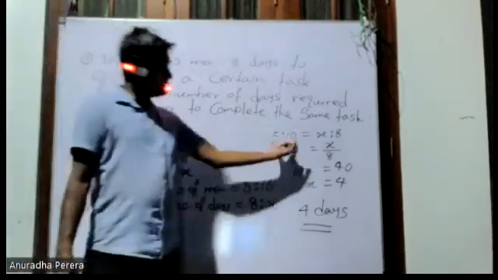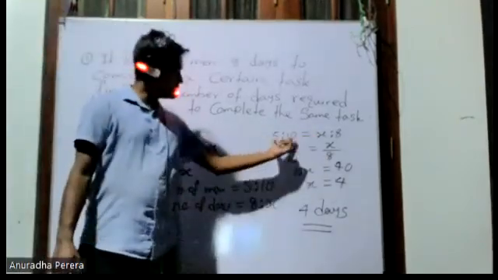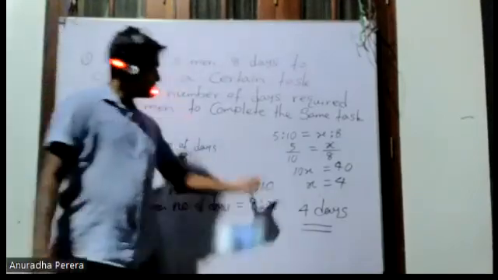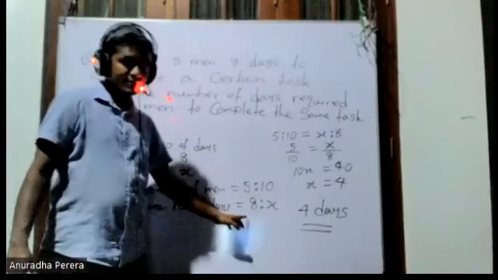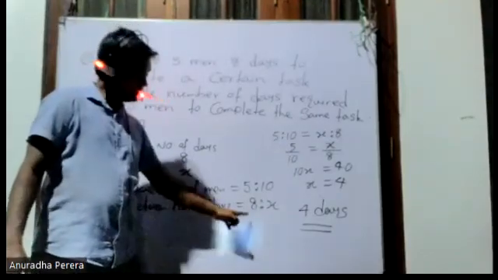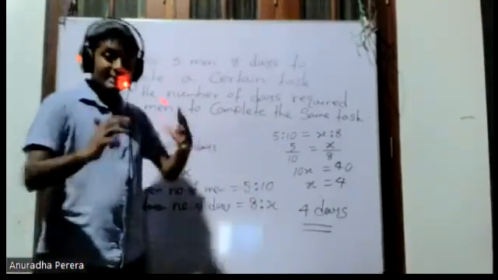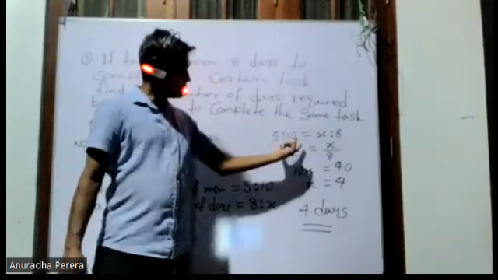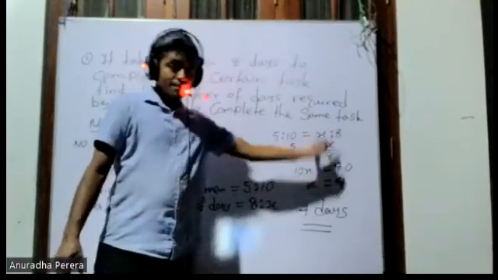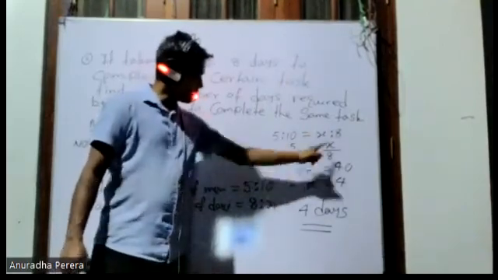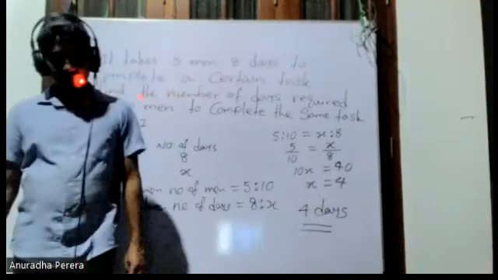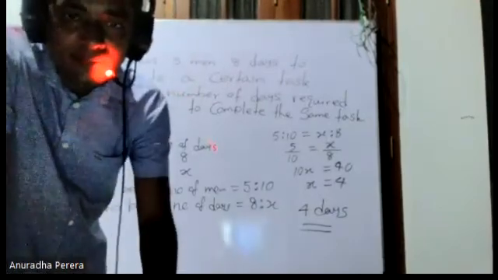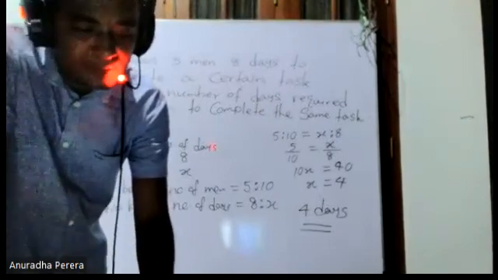When taking the equality, you have to change the terms of one ratio. 5:10 equals the ratio between days 8:x, but when taking the equality you have to write x:8. Now write this as a fraction, then take the cross product, and you can find x is 4 days. Any questions? The answer is 4 days.